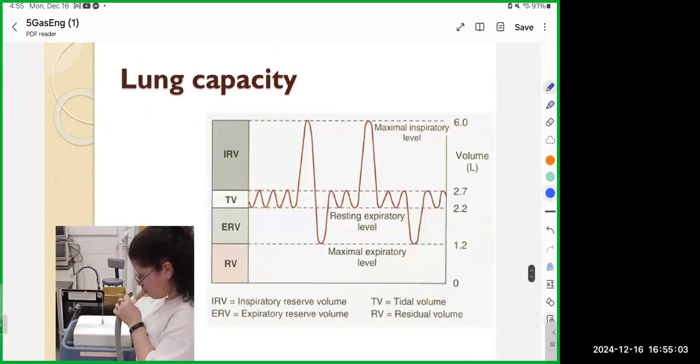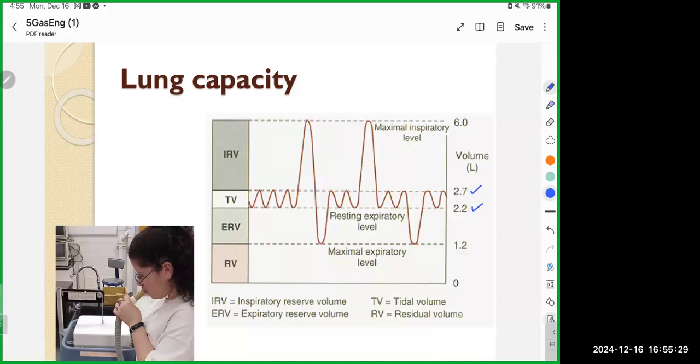In this case, it's about the lung capacity. If you breathe normally, the volume of the lung would change between 2.2 and 2.7, just that.